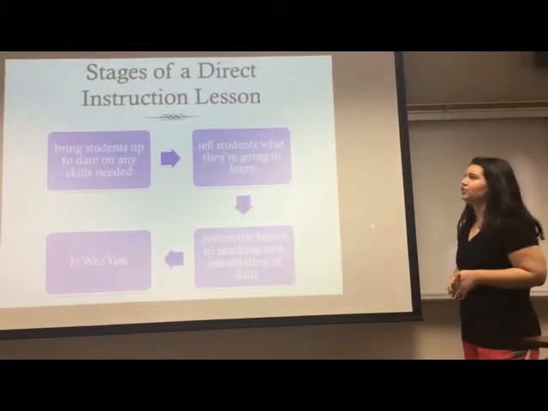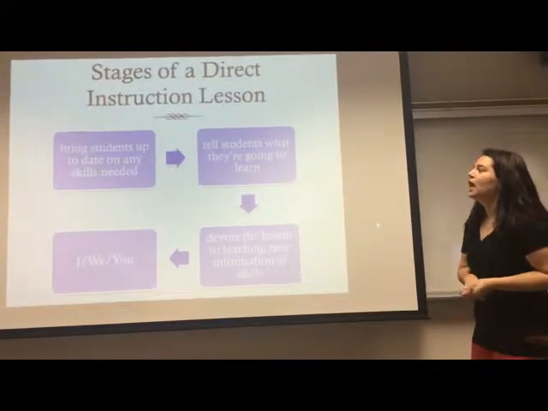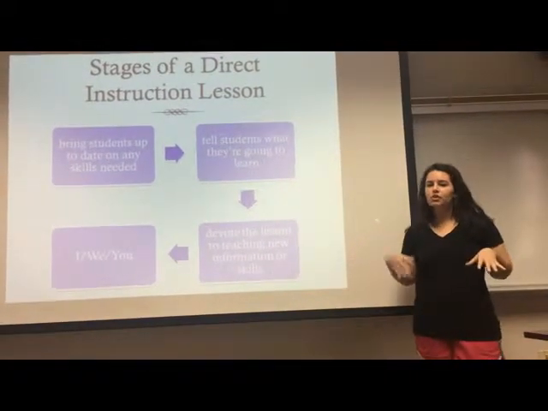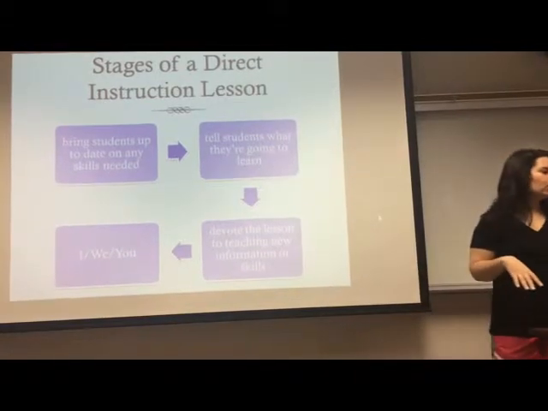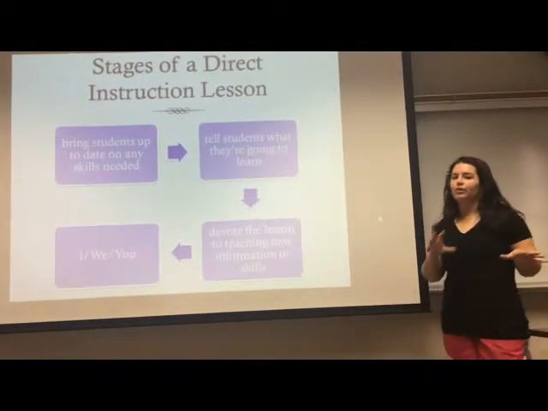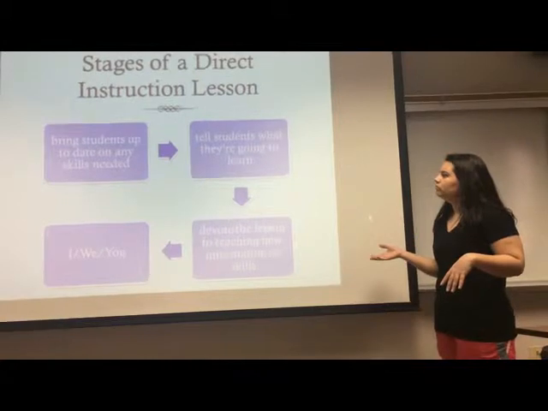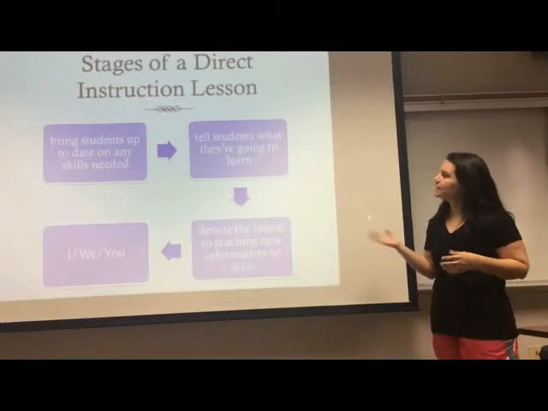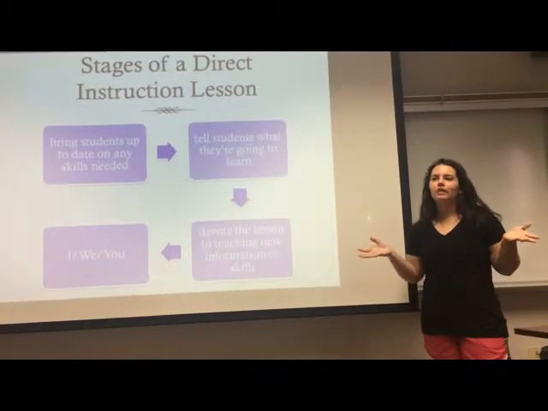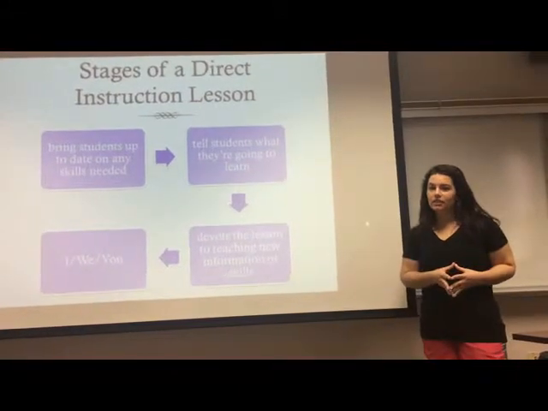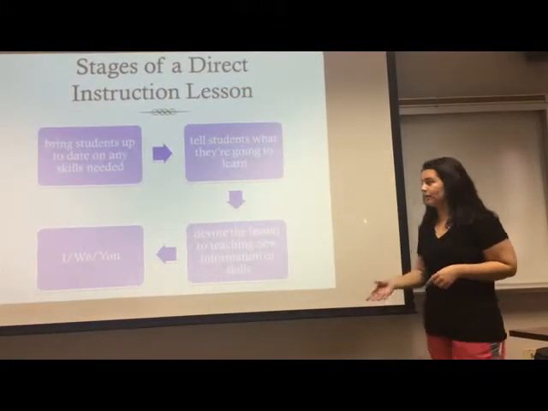So these are the stages of a direct instruction lesson. The first stage is bringing students up to date on anything that they need to know, which is kind of going over their prerequisites. The second stage is tell students what they're going to learn, because you want it to be very clear, your expectations of the lesson and what you want them to take away from it.